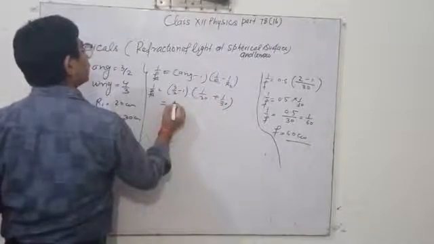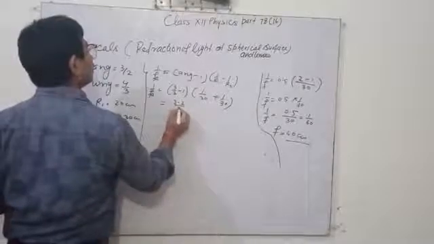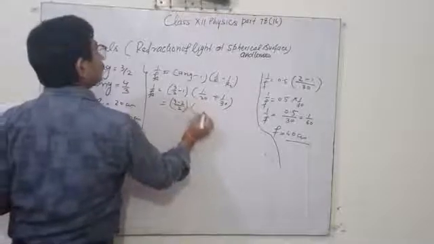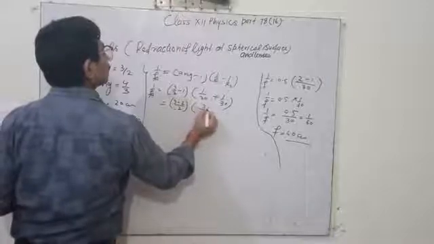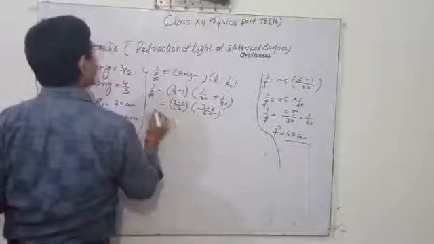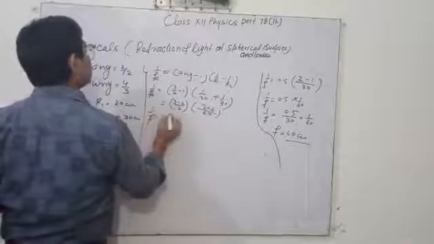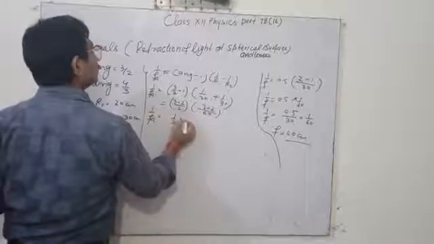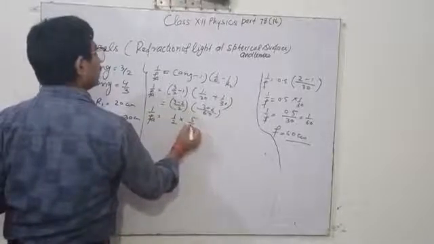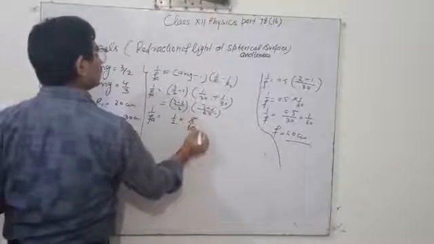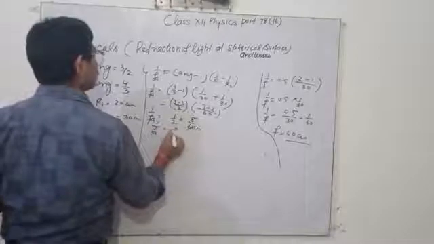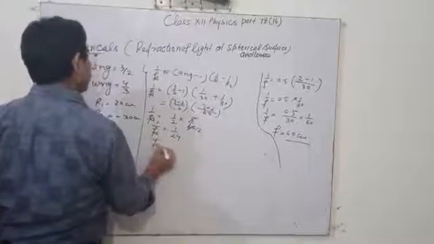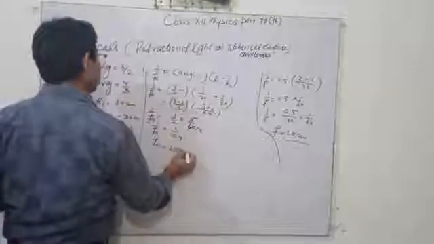That is (3 minus 2) by 2 into 5 upon LCM 60, so 1 by FA equals 1 by 2 into 5 by 60. 1 by FA equals 1 by 24, so FA equals 24 centimeter.